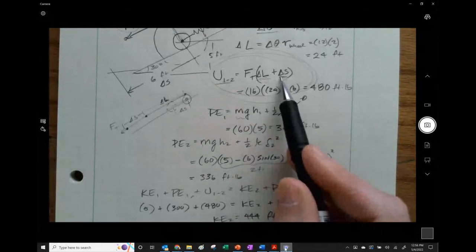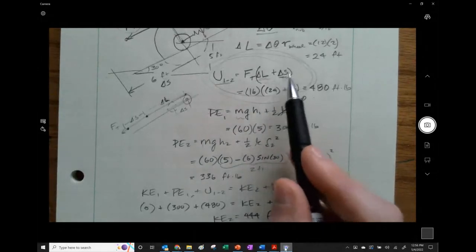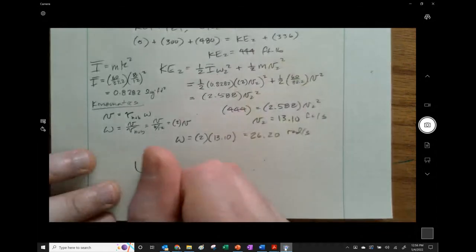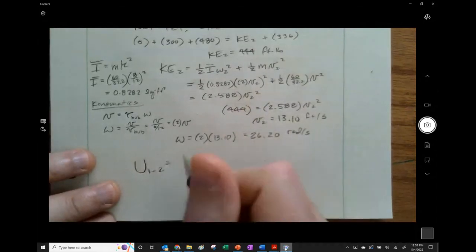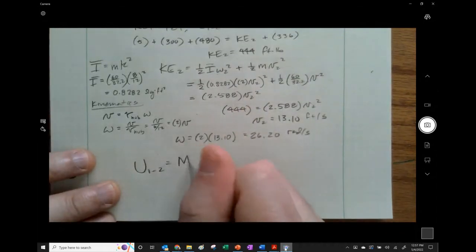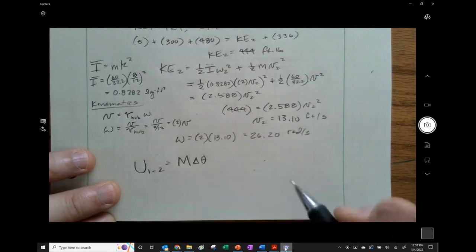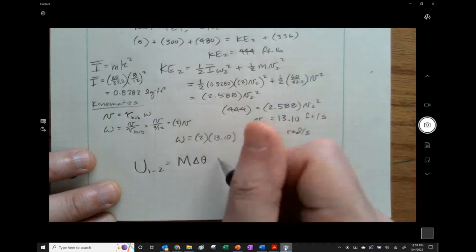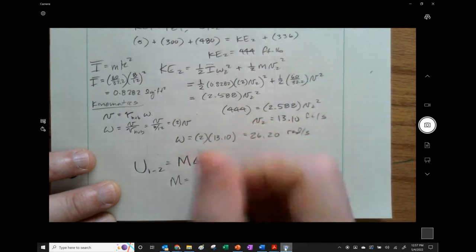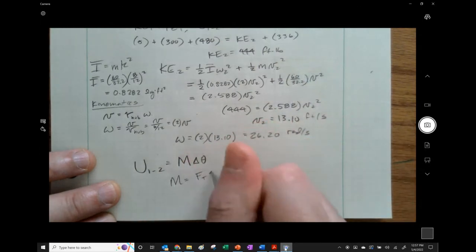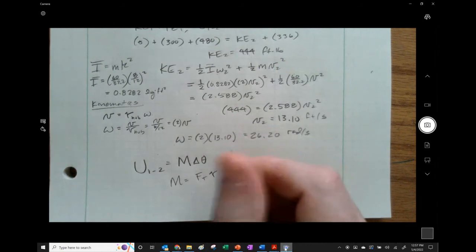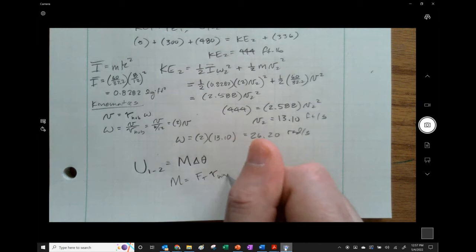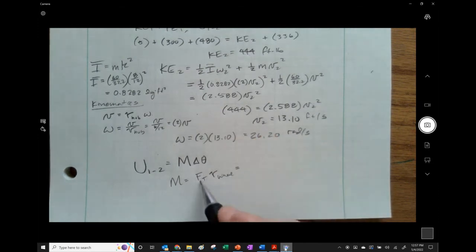that I thought this delta S should be in there. But let's go for a different approach, because we can have a different thing here, right? We could also say it's the moment times the delta theta. And that moment should equal that tension force times the radius of the hub. So that would actually make my original one correct, right?